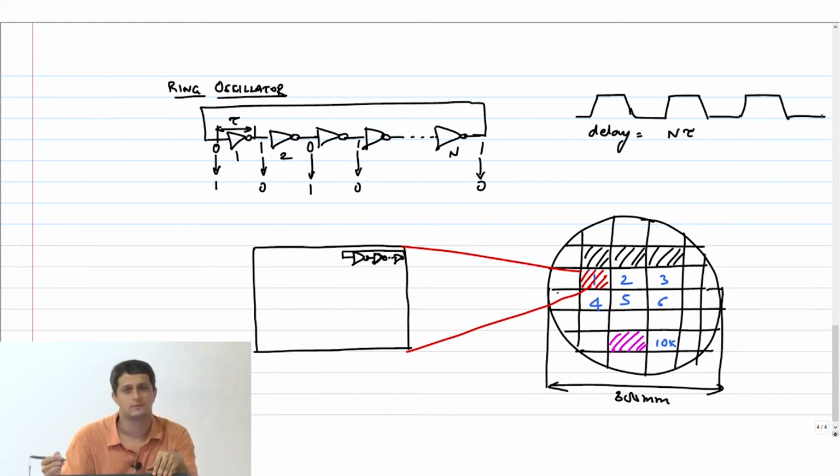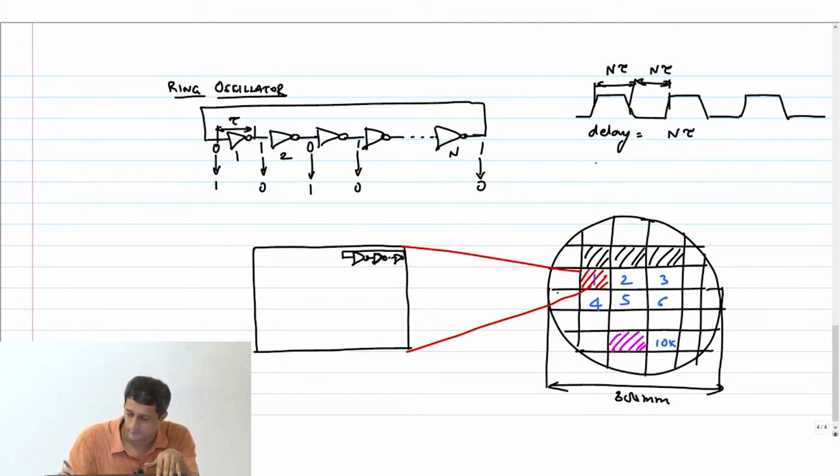This is too clean a waveform, but it may even look like a sinusoidal waveform in reality, by the way. This delay for output to go from 0 to 1 is basically my n tau. This is another n tau. Therefore, the frequency of operation is 1 by 2n tau.